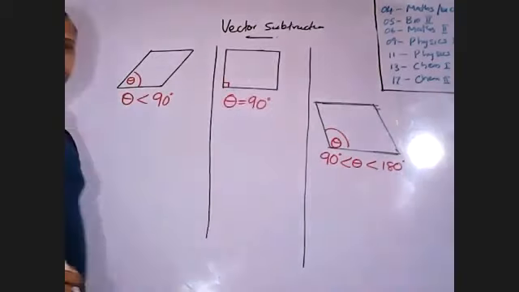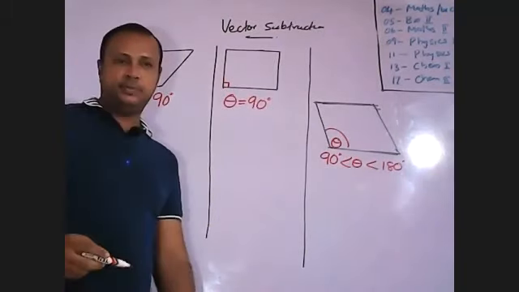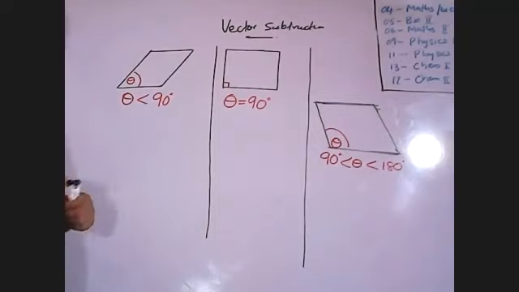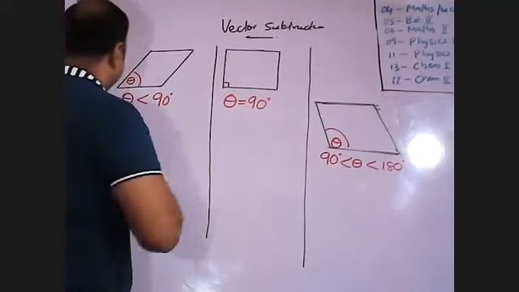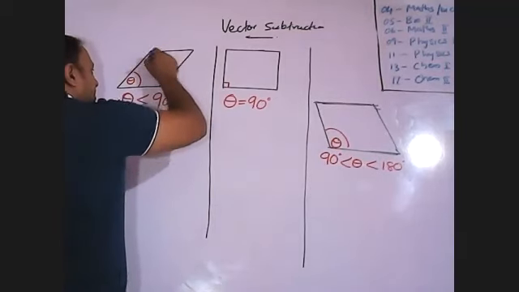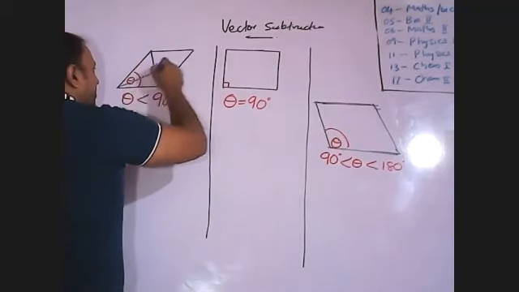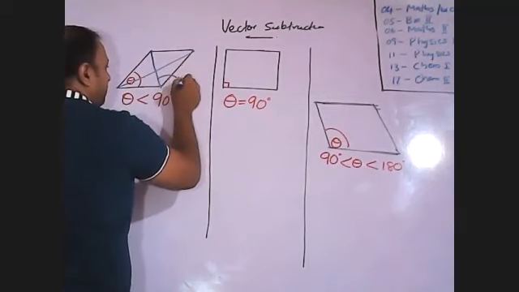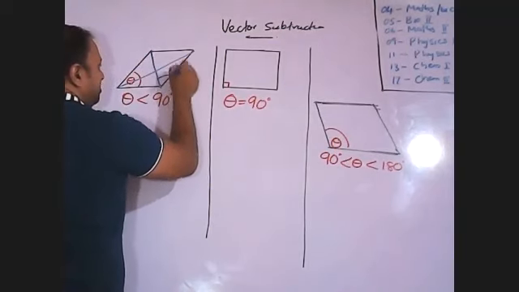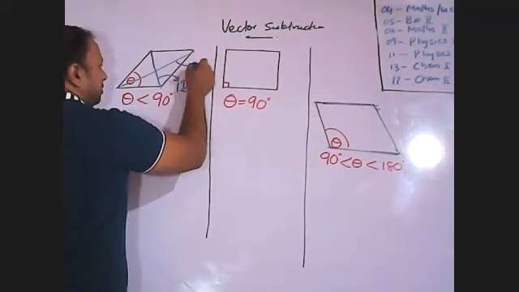It is an obtuse angle. Look at this one. Now this is D, this is R, no? This is the magnitude of D. This is the magnitude of R.